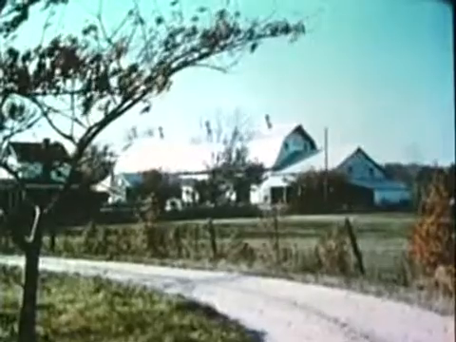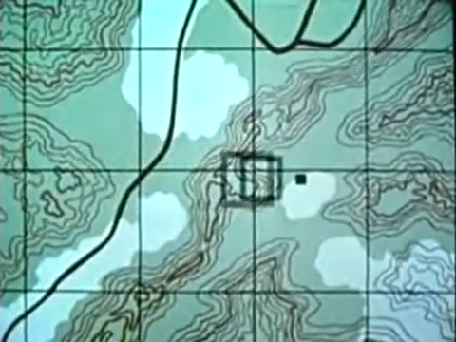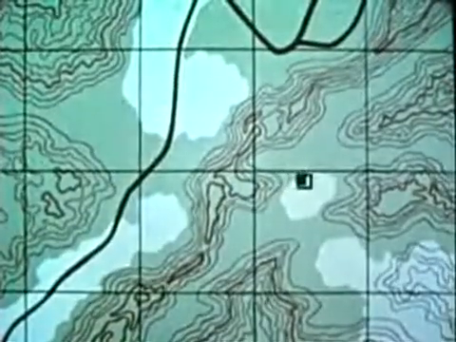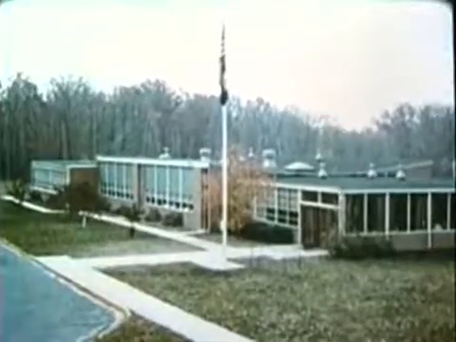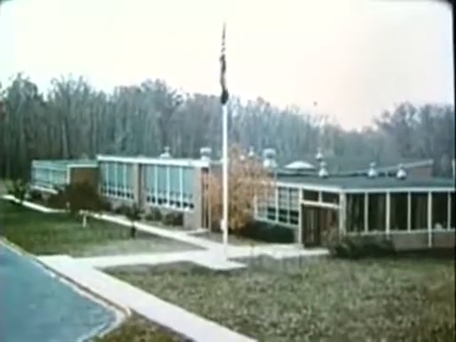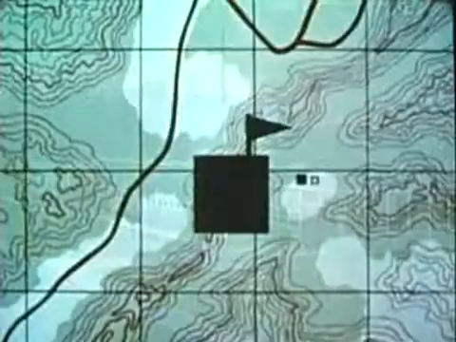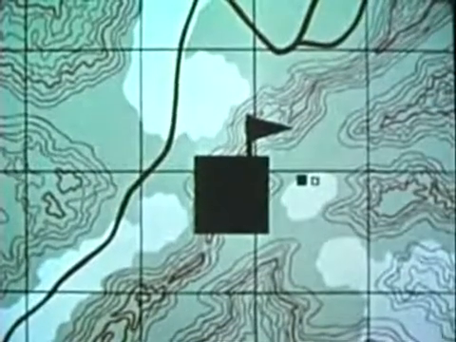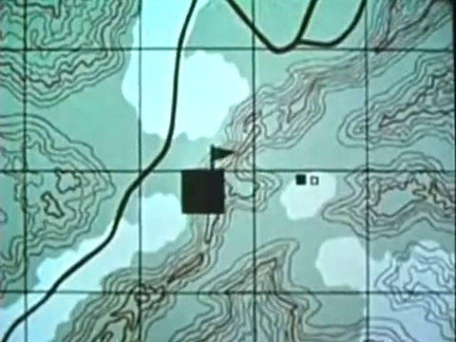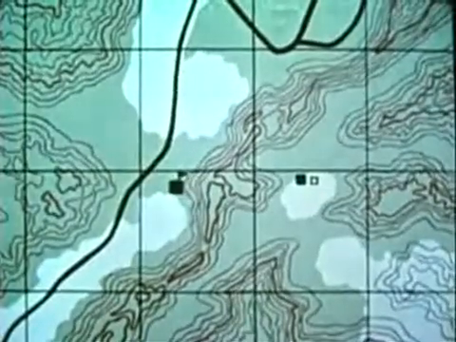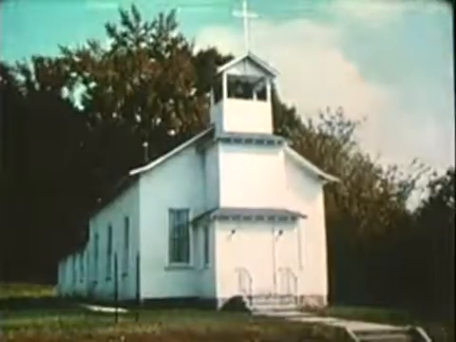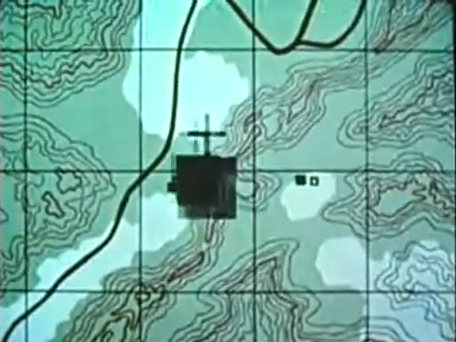A barn or similar outbuilding is depicted by an open square. The symbol for a school derives from the flag, which is flown on school property. So a school is represented by a black square with a flag on top. The church symbol is similar, except that a cross is placed on the black square instead of a flag.